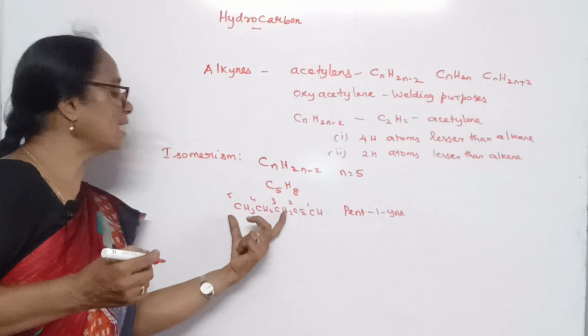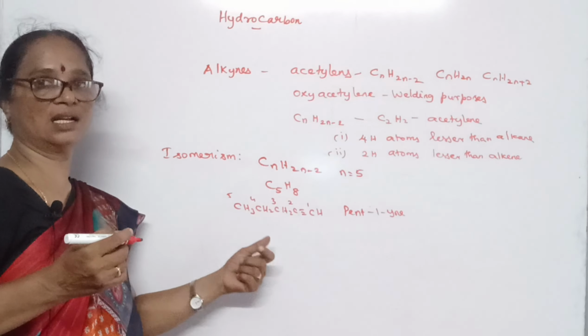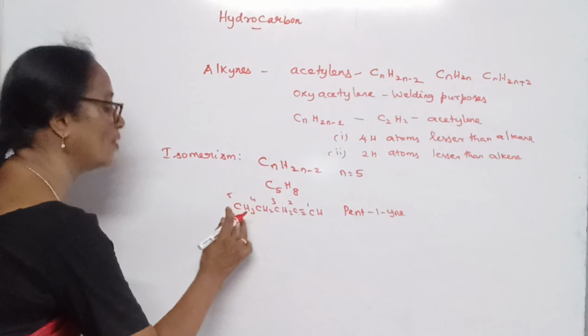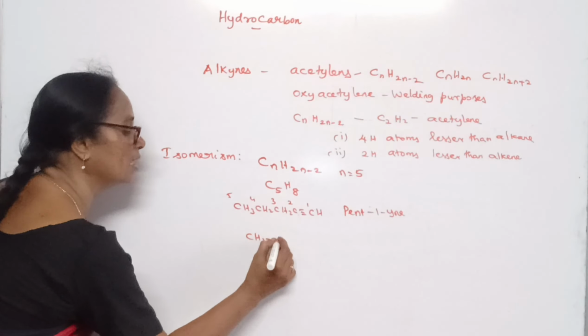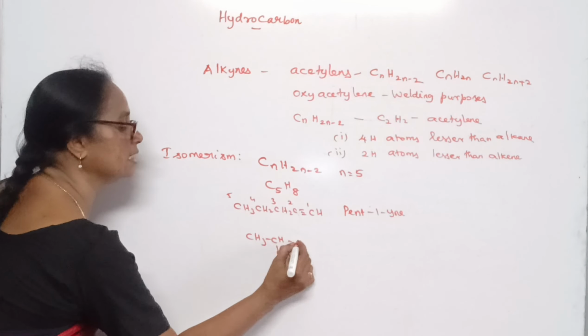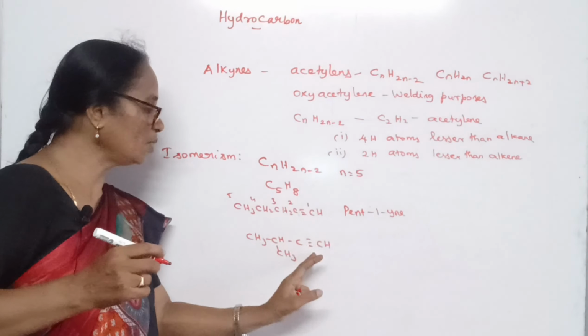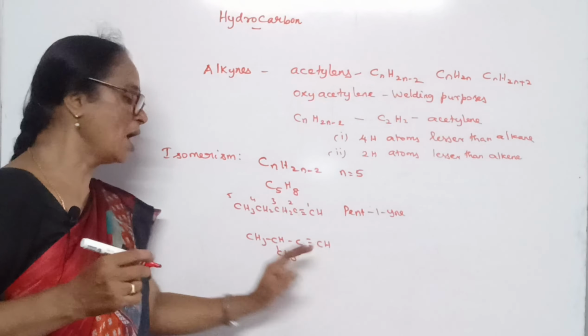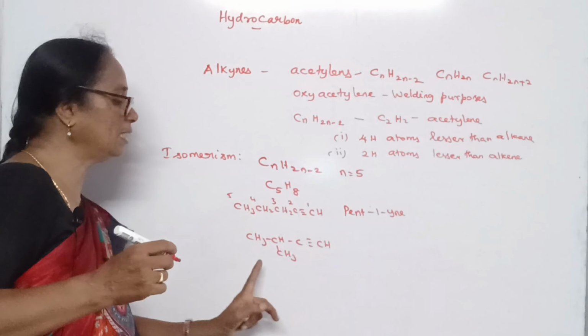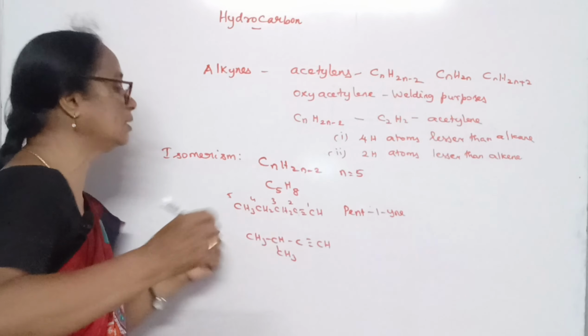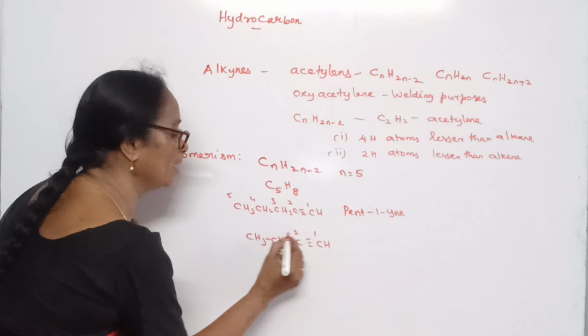So this one, it has a propyl group in its structure. We can write the chain isomer for the propyl. So we can alter to CH3CH(CH3)C≡CH. See, once again the position of the triple bond is the same, but the length of the carbon chain alters, 4 into 3. So this is 4 carbons in its chain.